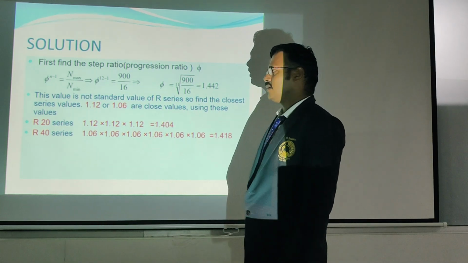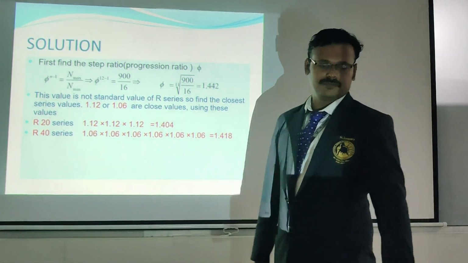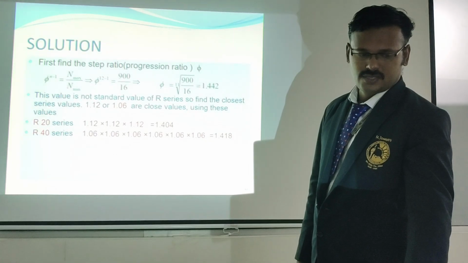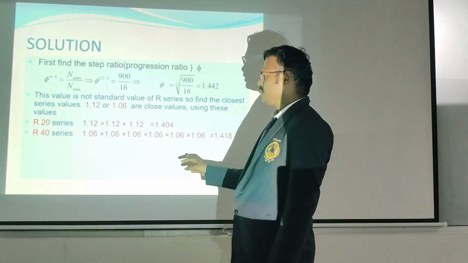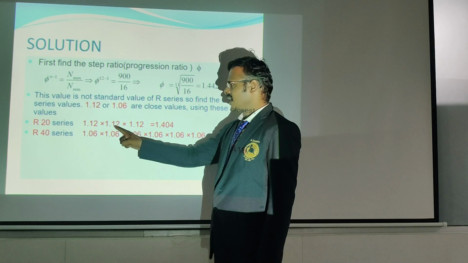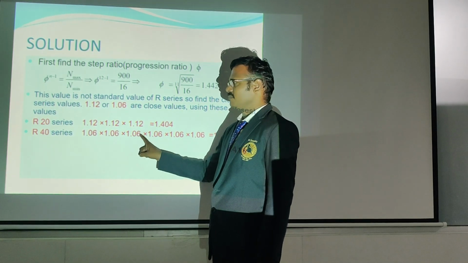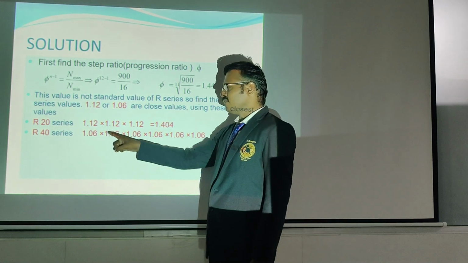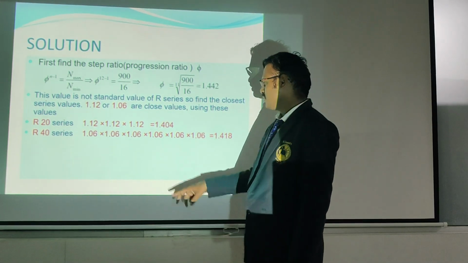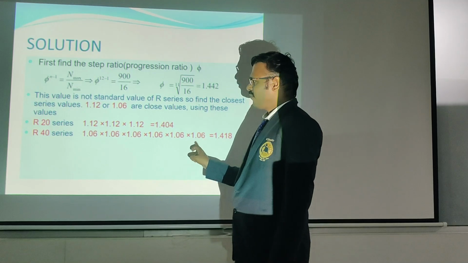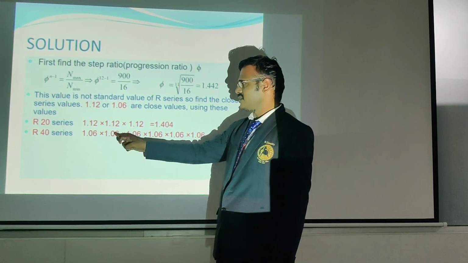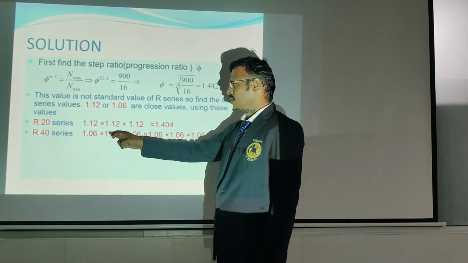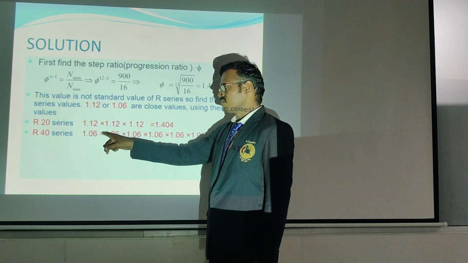Now I can take R20 series from the data book. If I choose R20 series, I have to skip 2 values because I multiplied 2 values additionally. But if you choose R40 series, you have to skip 5 values because 1.06 is 5 times more than the required value.